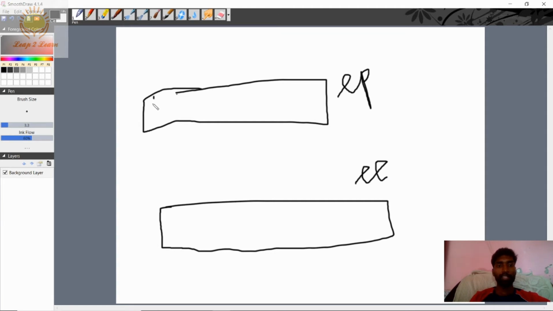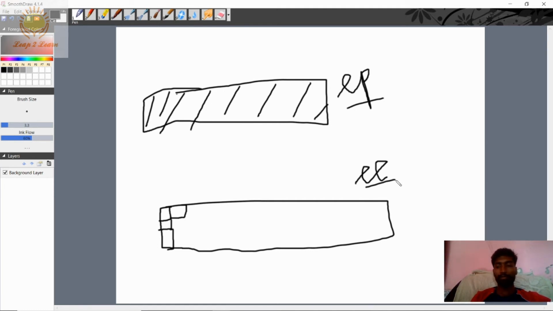In EPROM we can erase all content at a time. But in EEPROM we can erase content in small blocks. We have to erase small blocks. This is the major difference between EPROM and EEPROM.